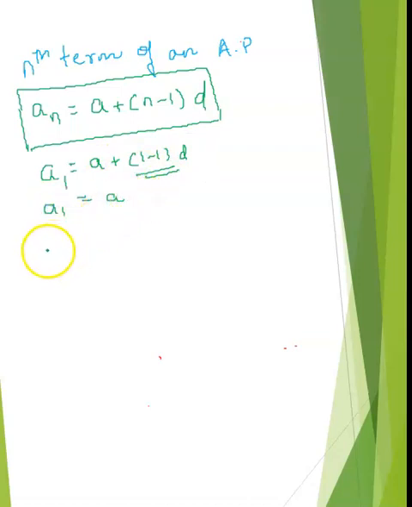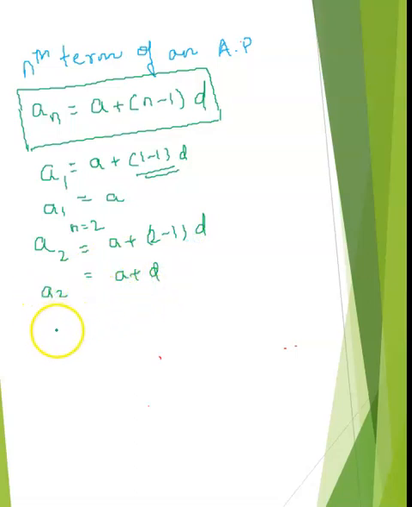Now suppose I have to calculate the second term. In place of n you write 2, so a2 equals a plus 2 minus 1 into d, which is a plus d. So a2 is equal to a plus d.